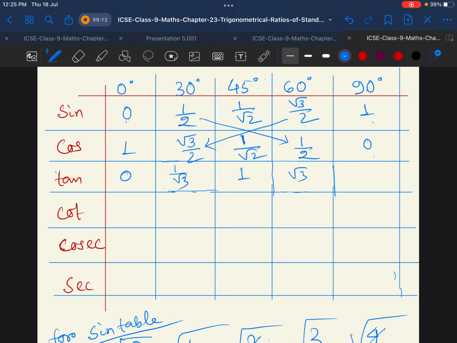And tan 90 is 1 by 0, and we know 1 by 0 is not defined, infinite.